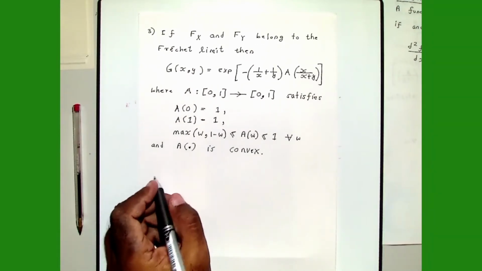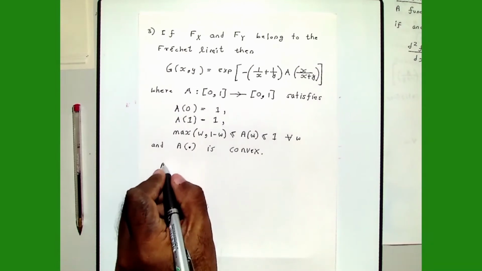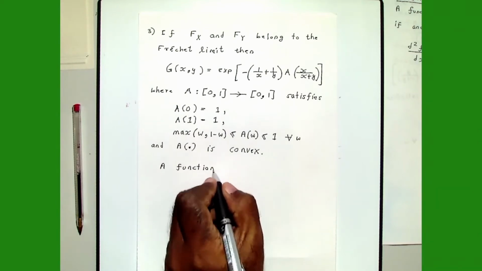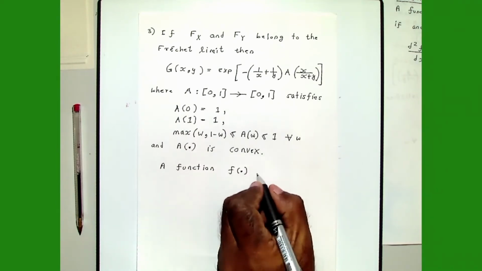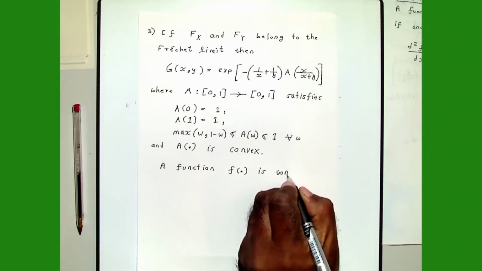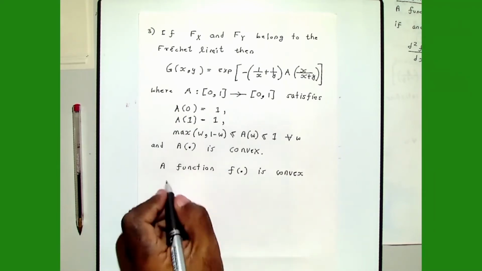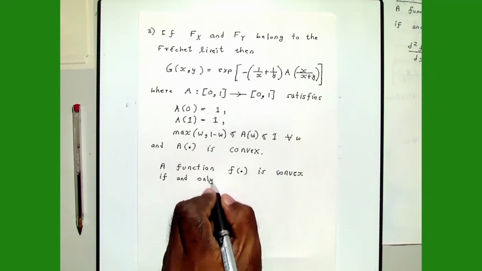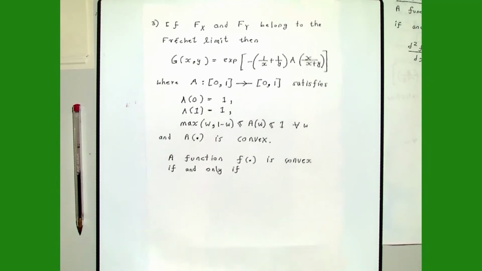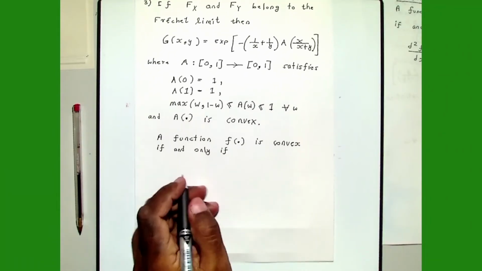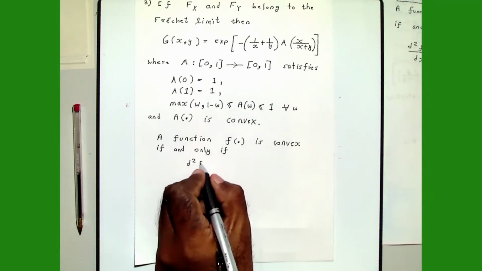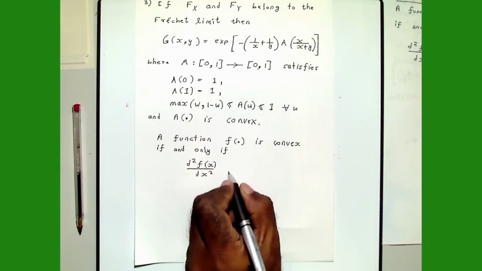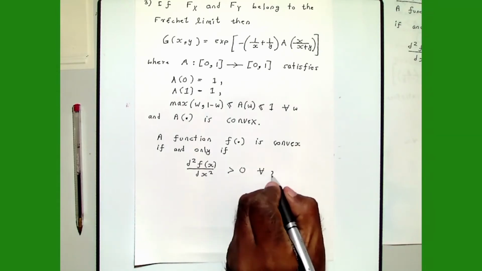I will remind you over here that a function f is convex if and only if the second order derivative is positive for all x.